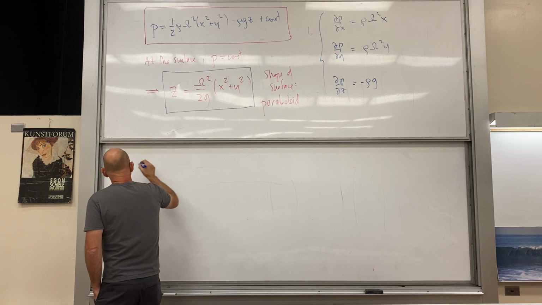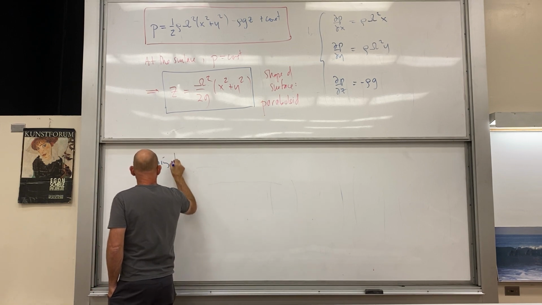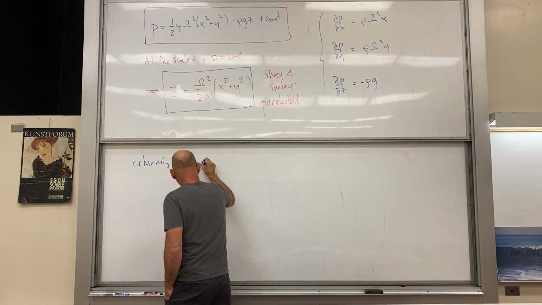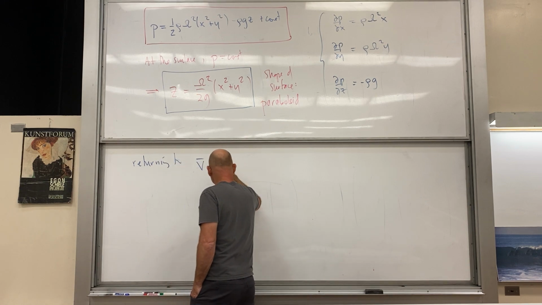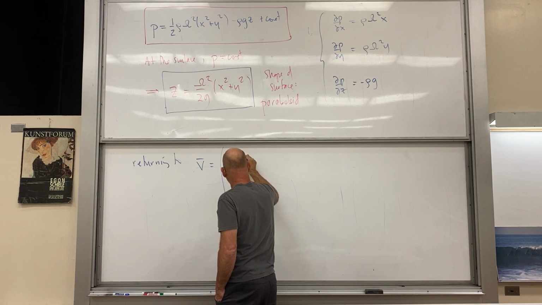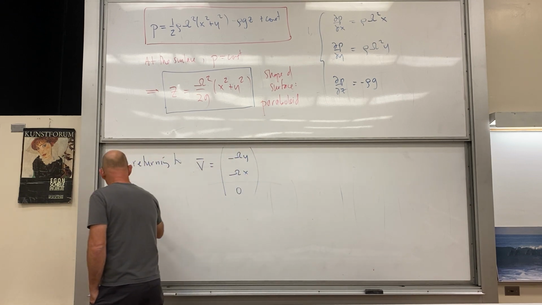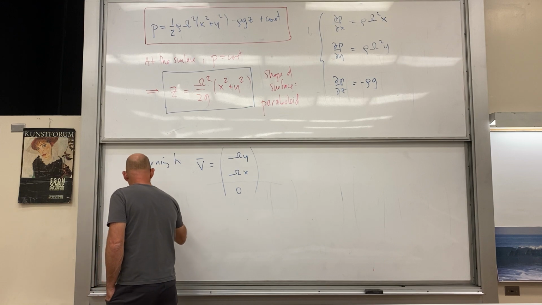So, returning to V is equal to (minus omega y, omega x, 0) for what we'll just call the rotating bucket.